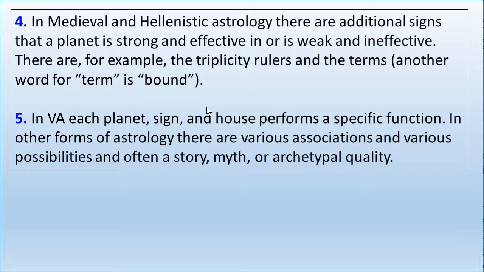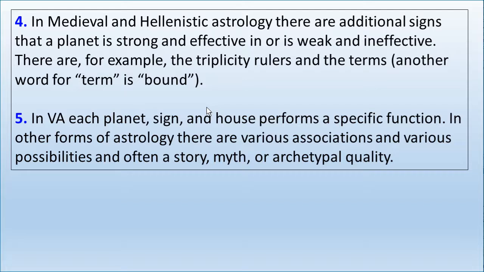Now, we've already learned this, but I'm just reviewing some key important issues to summarize and make sure you've got this clear: in VA, each planet, sign, and house performs a specific function. In other forms of astrology, there are various associations and various possibilities, and often a story, myth, or archetypal quality.